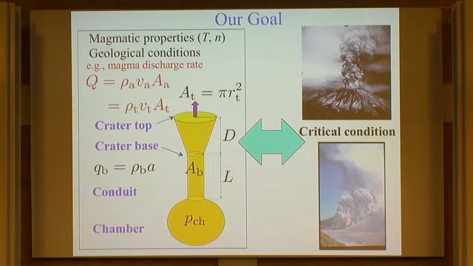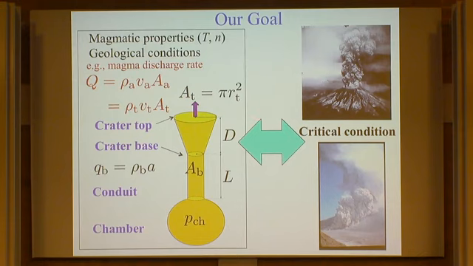T is the quantity at the top of the crater, and B is the quantities at the base of the crater. So that is the meaning of the subscripts. So at first, we are interested in the quantities after decompression, and then we want to know the critical magma discharge rate and so on.